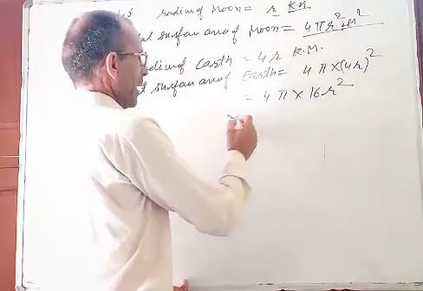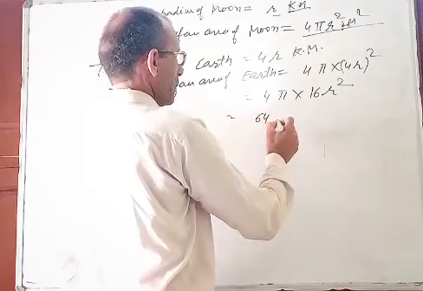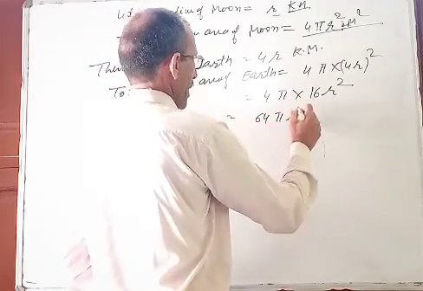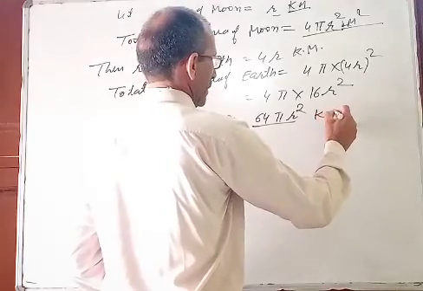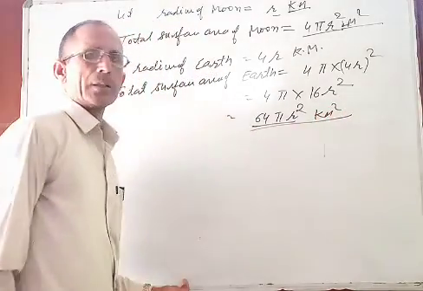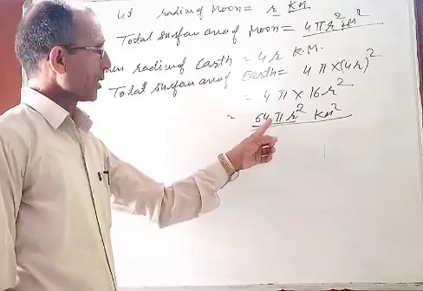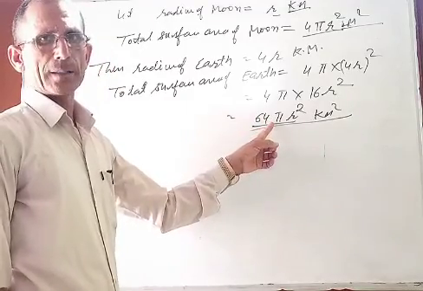So multiplying, 16 times 4 is 64 pi r square square kilometer. This is the total surface area of the earth.